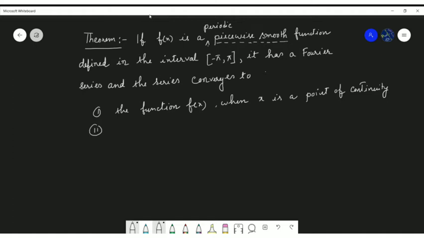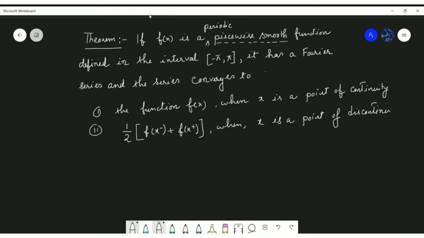It converges to the average of the right hand side and left hand side limit when x is a point of discontinuity.